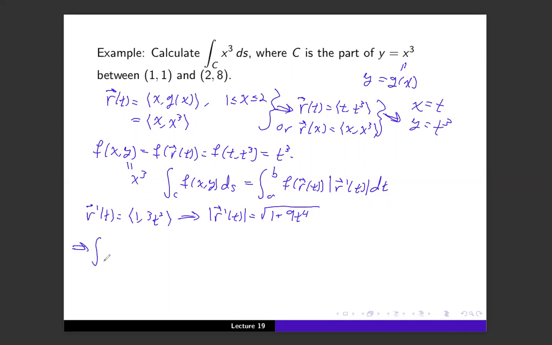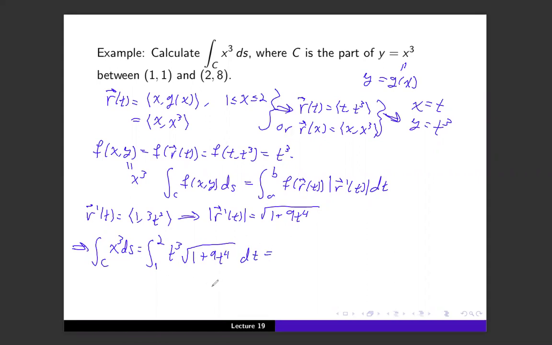All of which is to say that the integral over c of x cubed ds is the integral from 1 to 2 of t cubed, that's f of xy, but evaluated at r of t, times the magnitude, which is the square root of 1 plus 9t to the 4th, dt.